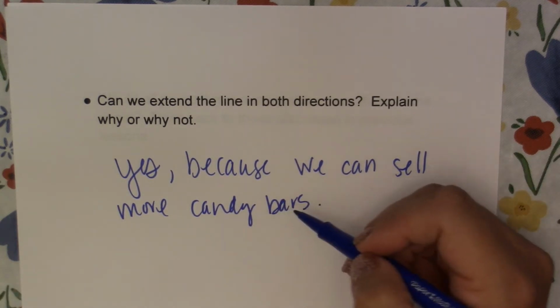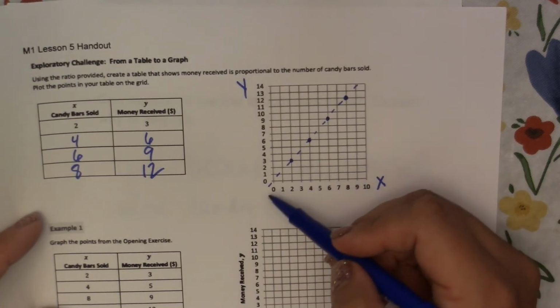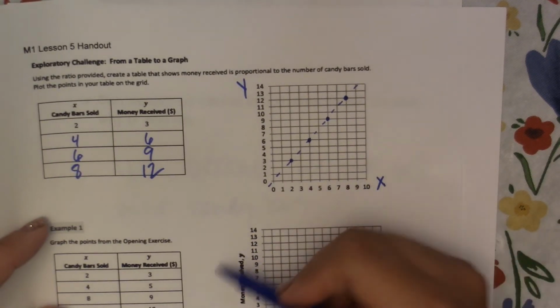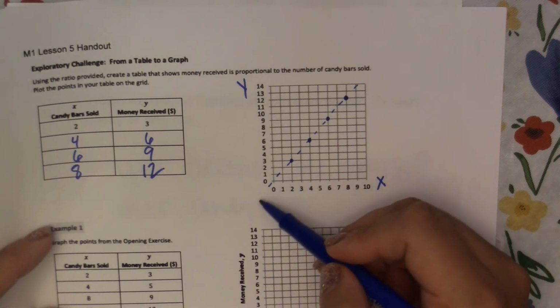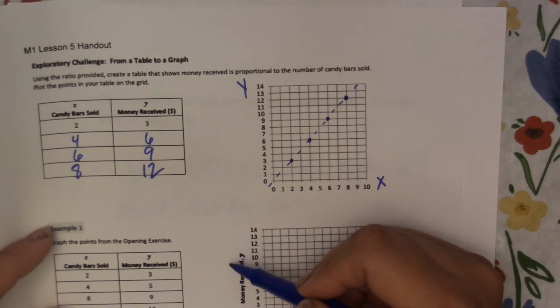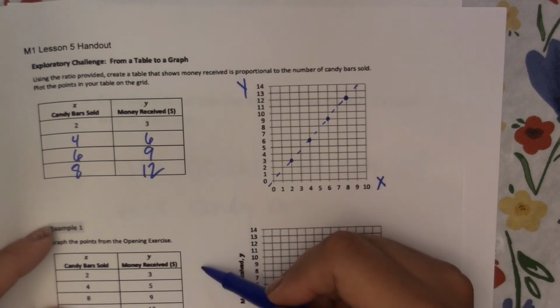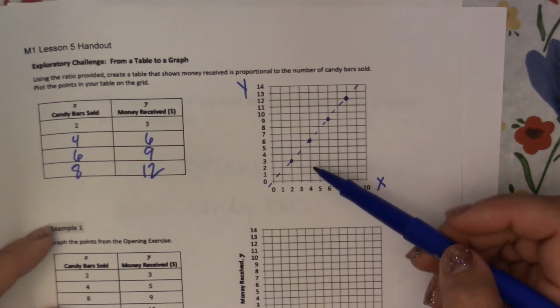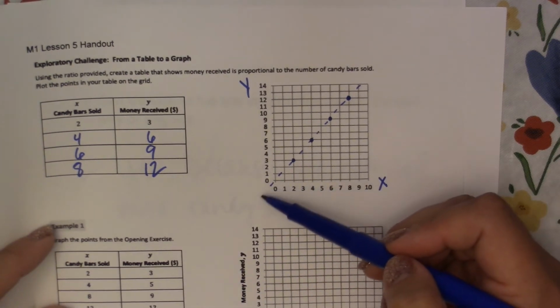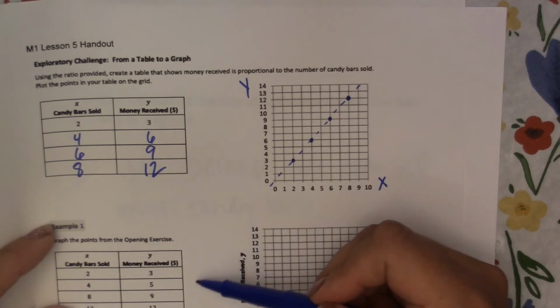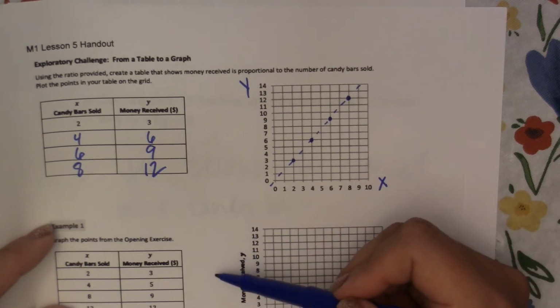So that's kind of extending it up. What happens if we think about extending it down? I mean, we can't sell negative candy bars. I guess people could prepay them and then we would owe them candy bars, so that would kind of work too. With these real life scenarios, it's a little harder to look at those negative numbers that you've been talking about in numeric analysis.